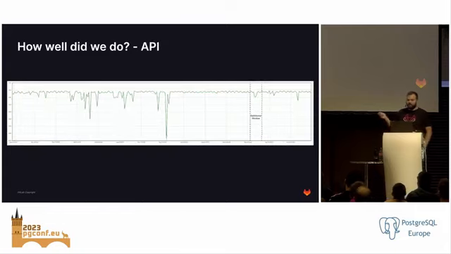This is the same metric for our API. Most users use the web interface, but you can also use our API to automate whatever you like, and we are measuring that as well. You see the API is actually used more on the weekend. There's a bit more noise, but still our upgrade was way less than the normal work week noise.